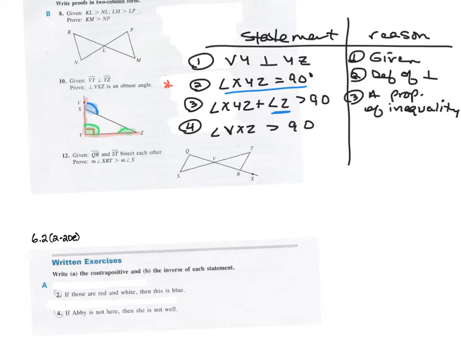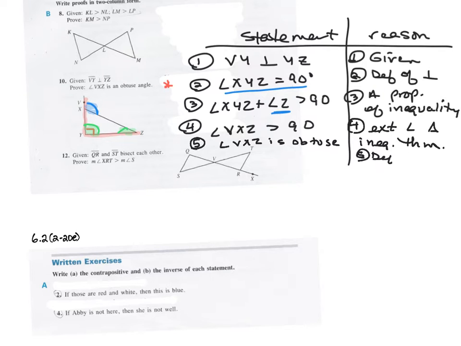So if I know that that is how it's made up, my reason here is going to be the exterior angle of a triangle inequality theorem. And now because VXZ is greater than 90, I can state what I'm trying to prove, that angle VXZ is obtuse. And this is definition of obtuse.